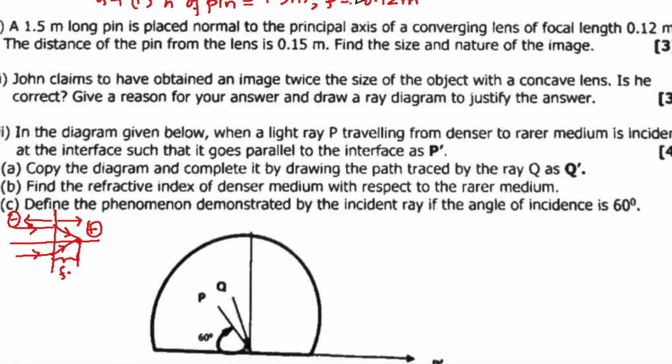So it is going to be plus. The distance of the pin from the lens means object distance, that is u, is equal to 0.15 meter. So the object is here, so it's going to be negative.